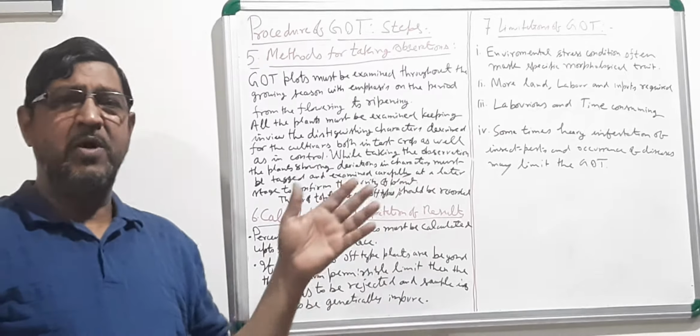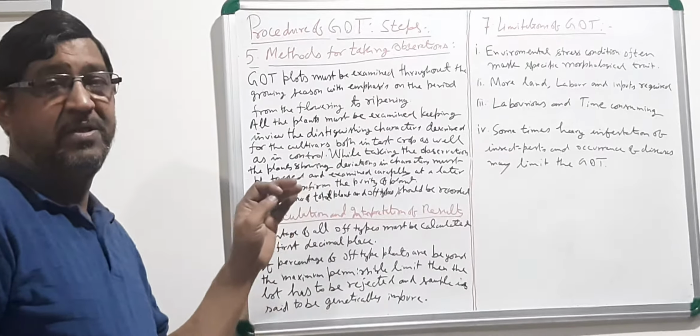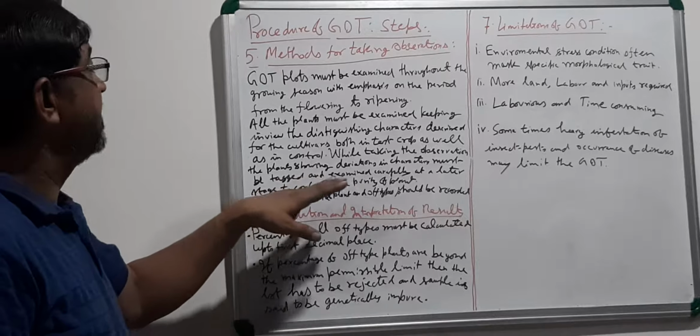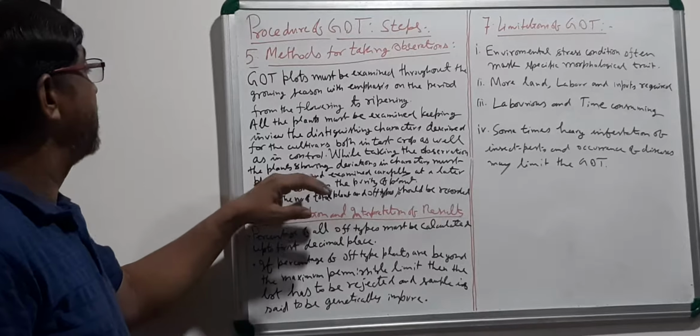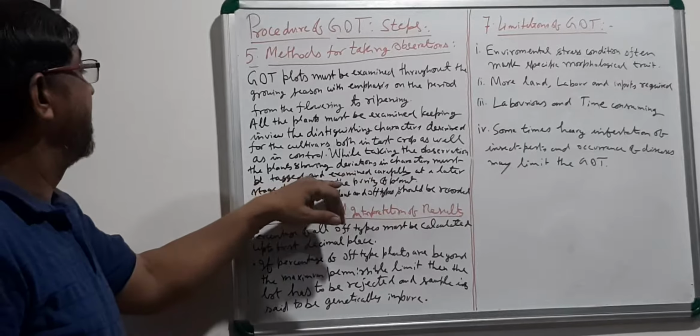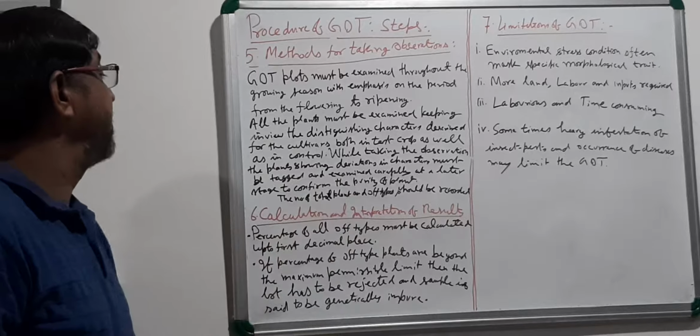So this is where you have to examine each and every plant during your growing period. While taking the observations, the plants showing deviation in characters must be tagged and examined carefully at a later stage to confirm the purity of the plant.